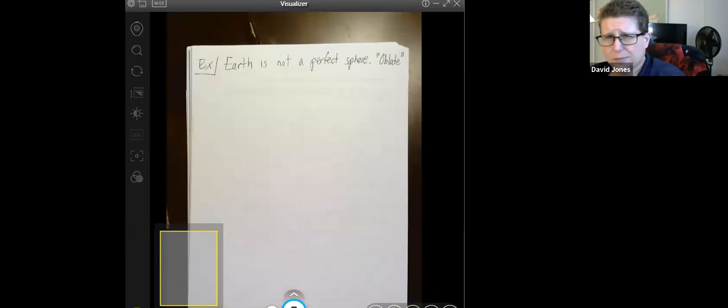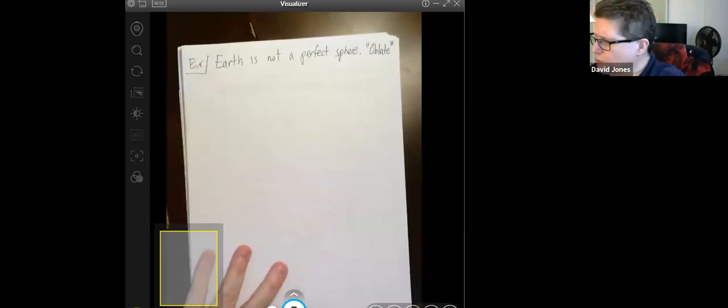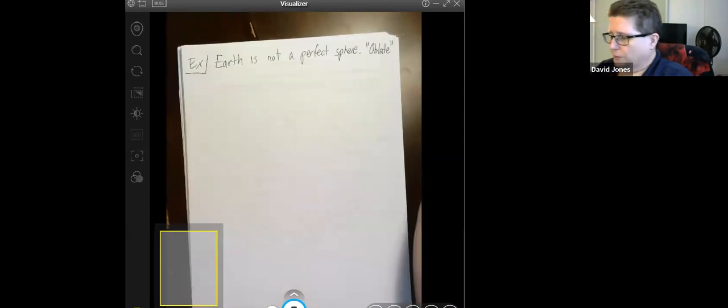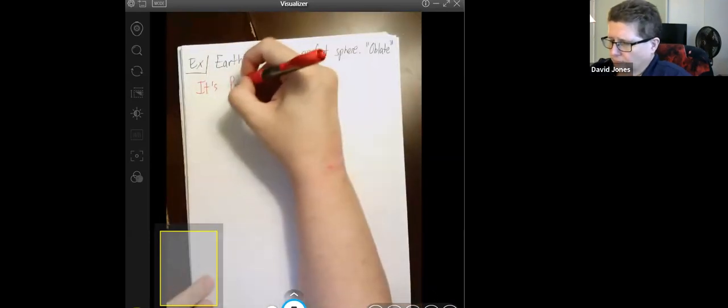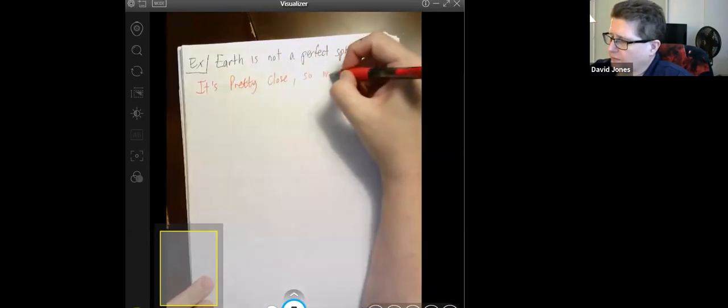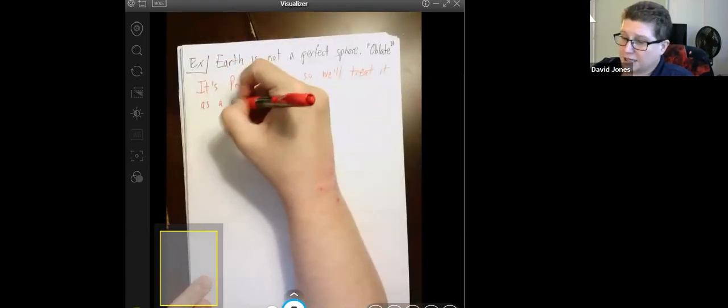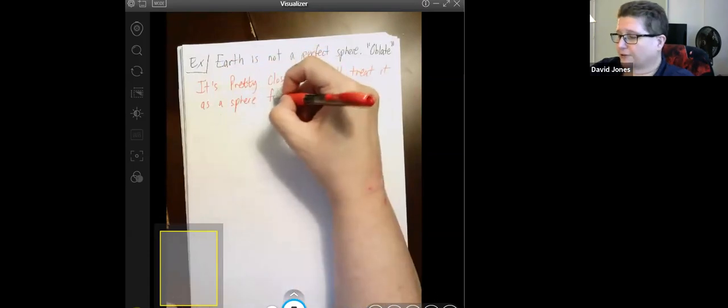From the equator it does, but from the equator to the poles, North and South Pole, I think it's a little bit longer or shorter. I forget which one. It's not quite as far. The distance is different. But treating it as a sphere is a pretty good tool. It's pretty close. So we'll treat it as a sphere for these basic calculations, for classwork.